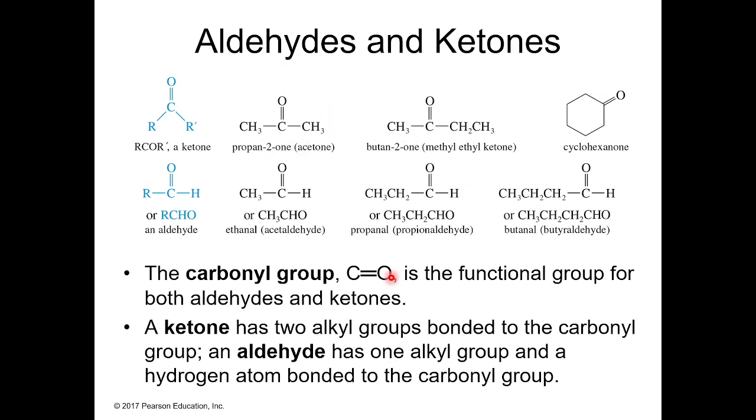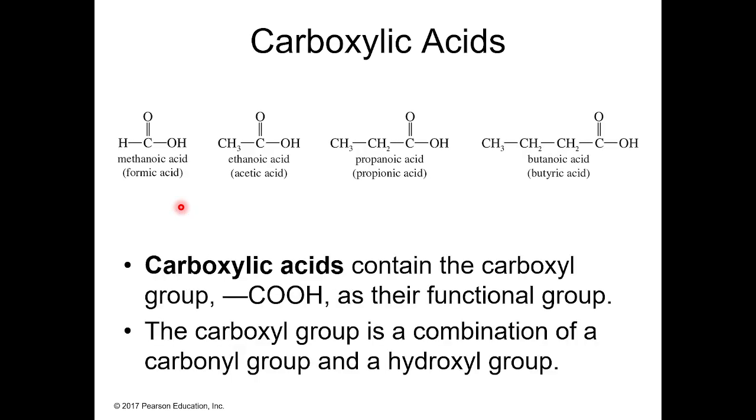Okay, and that's ketones and aldehydes. Both of them are carbonyl groups. Anything where you have a carbon-oxygen double bond is referred to as a carbonyl group. You can have other things attached to it as well. For example, you have a carboxylic acid here. So this has a carbonyl with a hydroxyl group attached to that same carbon.